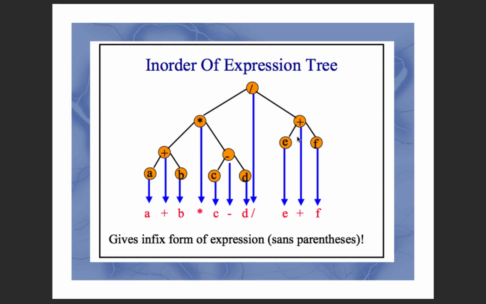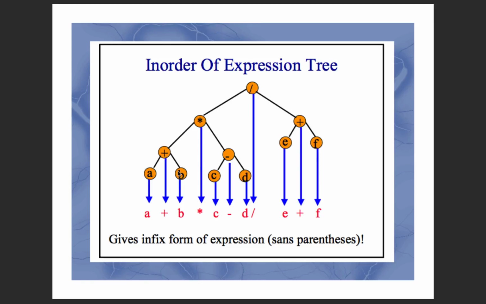So if we follow the in order traversing way in our arithmetic expression tree, we start here, then we go to the left side, then the left side, then the left side. We found that this is the leftmost node, so we print a over here. After printing a, we print root of this subtree, then we print right of this subtree.